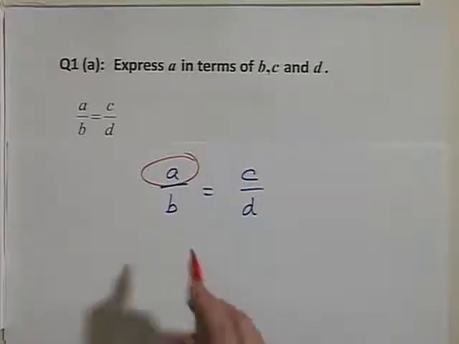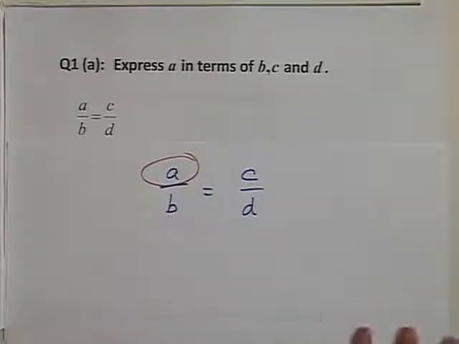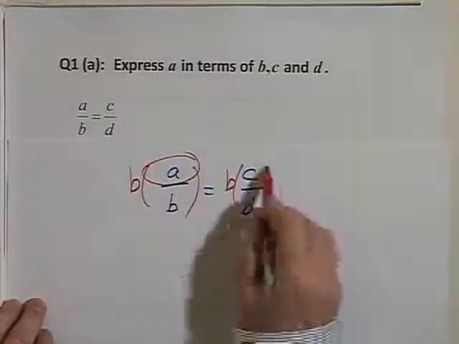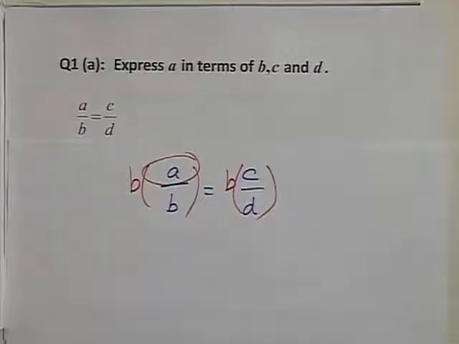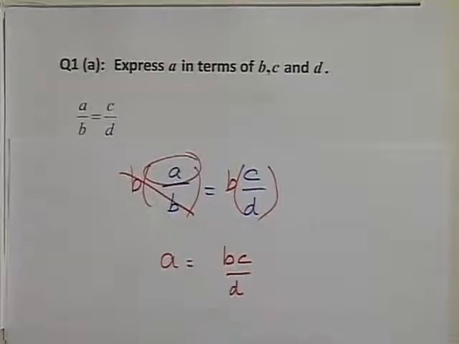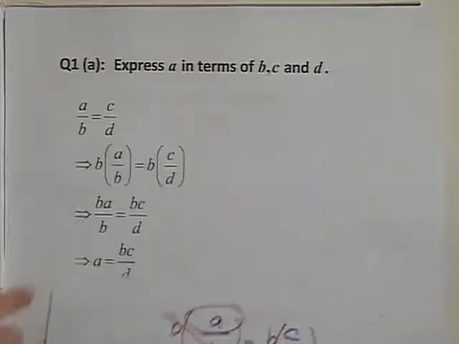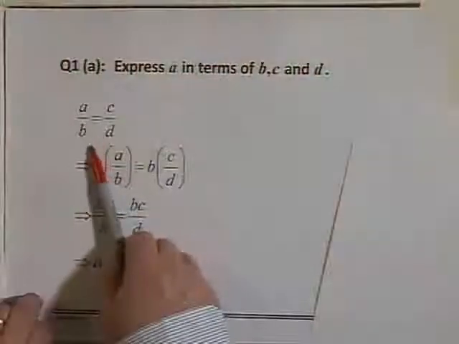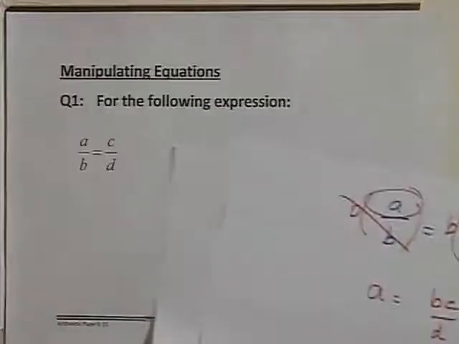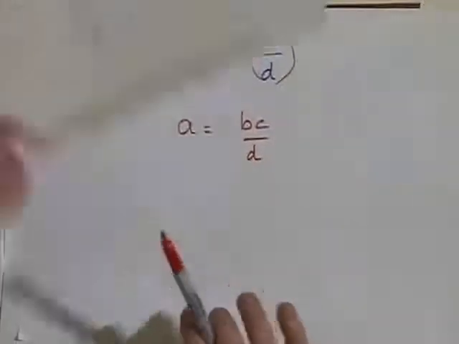So what I'm going to do is get rid of the divide by B by multiplying by B. That will get rid of that purposely because that's why I did it, and A is equal to BC over D. And that's how we do that question there. So I just look at the bit I don't like, I find the opposite of the operator. In this case, division becomes multiplication, etc.